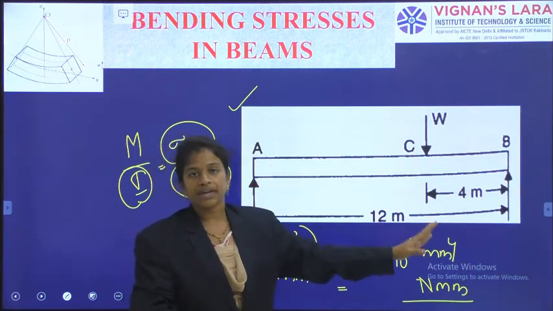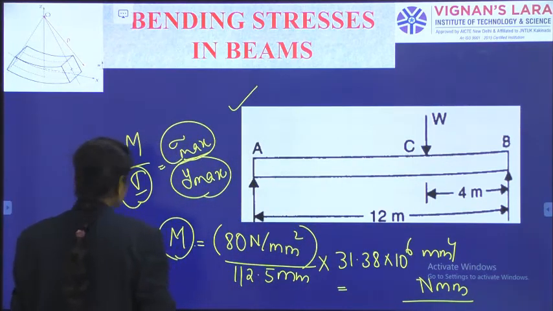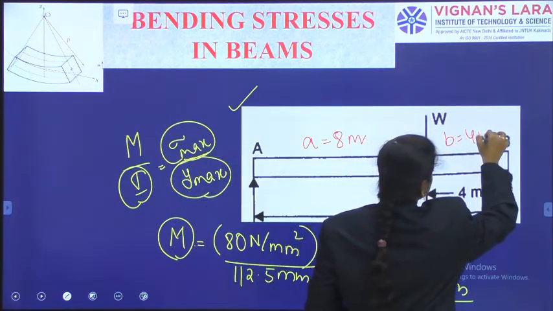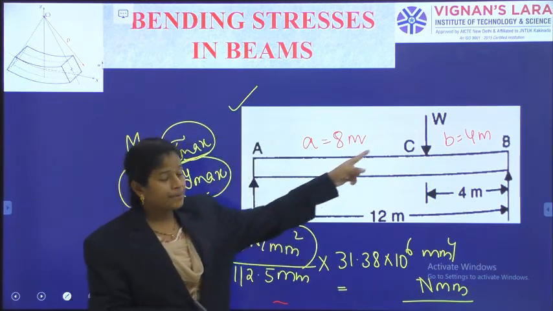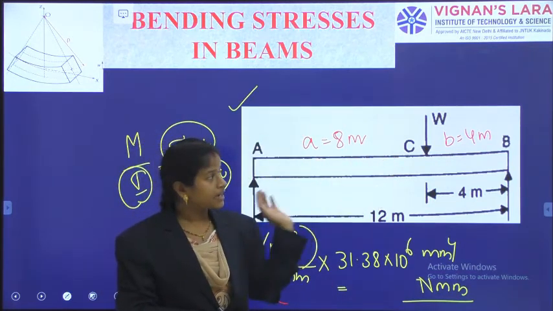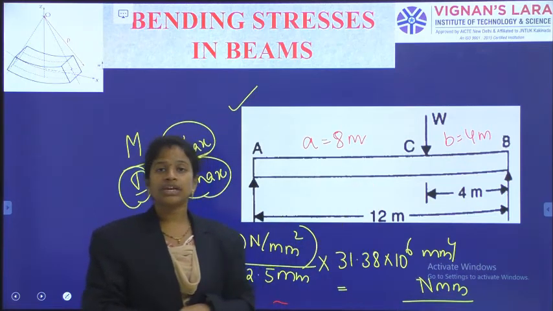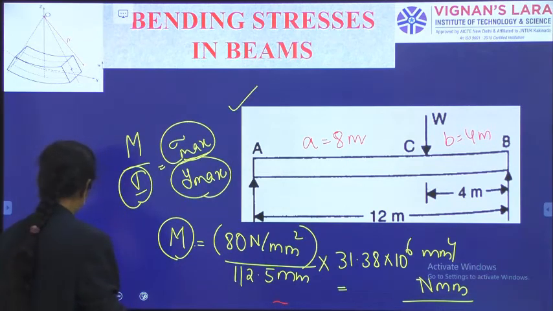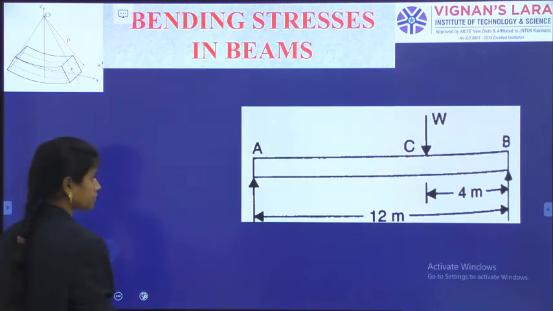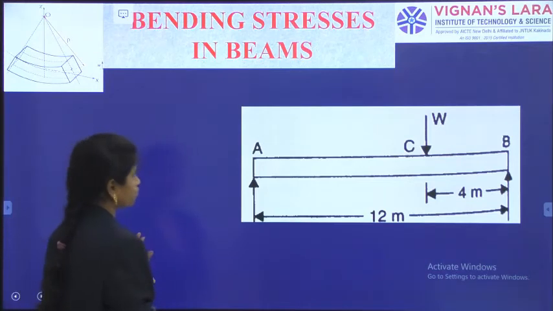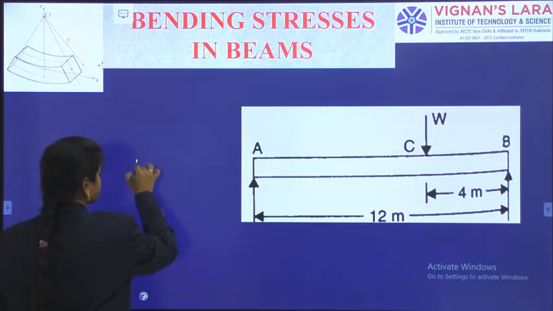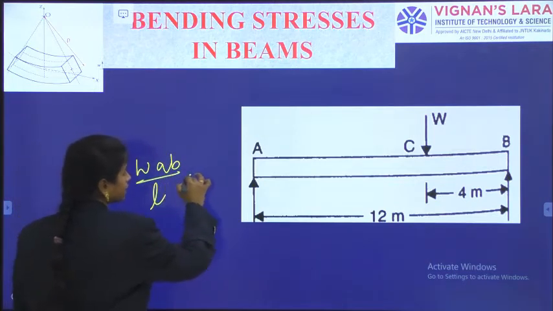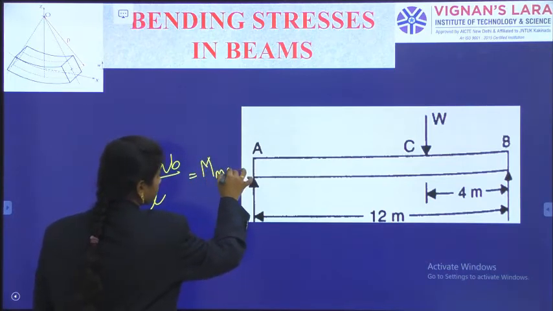When a beam has A equal to 8 meters and B equal to 4 meters, and a point load of capital W is acting at a distance A from the left support or B from the right support, what is the maximum bending moment formula? That is equal to WAB by L, that is M maximum.